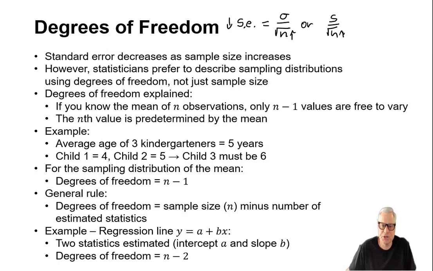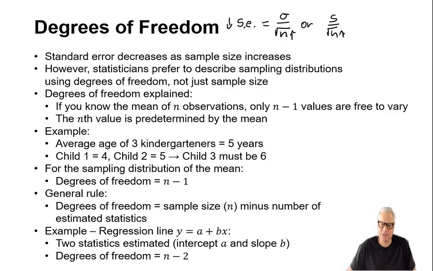Let's consider an example. Let's assume you know that the average age of 3 kindergarteners is 5. Let's say child 1 is 4 and child 2 is 5, but then it follows that child 3 must be 6. So that is predetermined by the mean of 5.